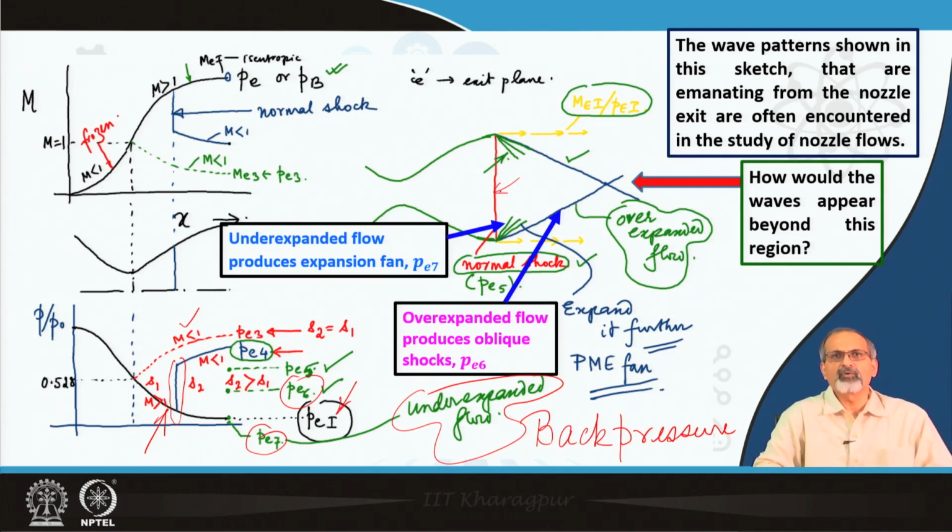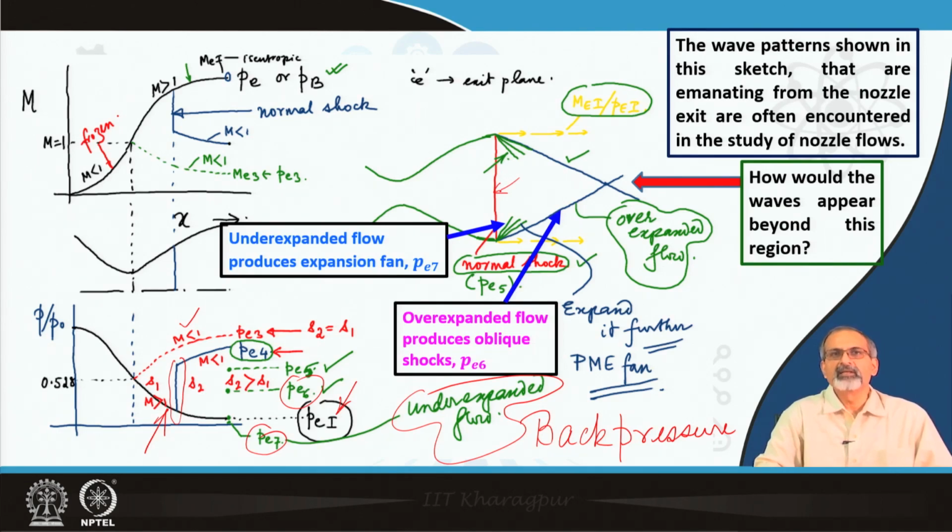So, when you have overexpansion, then you ought to have some oblique shocks formed at the exit of the nozzle in order to adjust with the back pressure, and that is very often encountered in the study of nozzle flows, because you design a nozzle for a particular back pressure situation, but very often that nozzle would have to operate at different conditions where the back pressure varies.